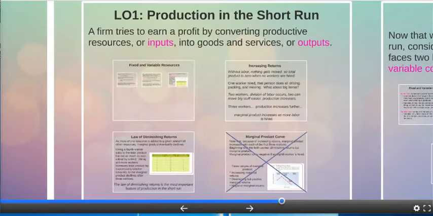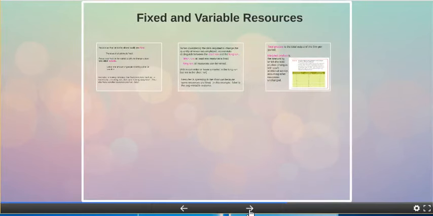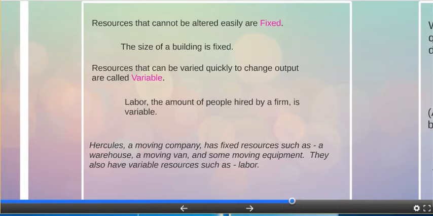So, production in the short run. A firm tries to earn a profit by converting resources or inputs into goods and services or outputs. So we're going to talk about a hypothetical moving company called Hercules. So we have fixed and variable resources. All producers, including Hercules, use 2 categories of resources, fixed and variable.